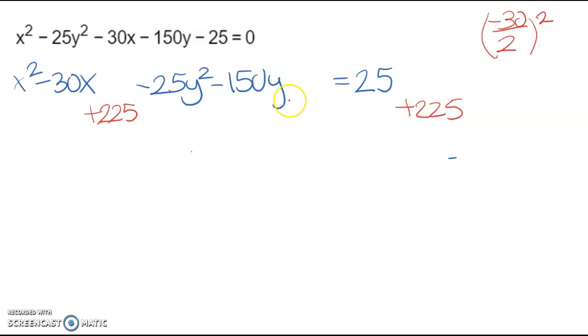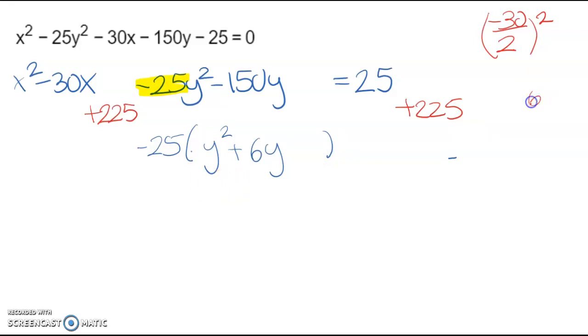Now for the y's, it's a little bit more complicated, right? Because of this negative 25 here, we have to factor out first. So this y portion is actually negative 25 times y squared plus 6y. Okay, and the square that we're trying to complete is now y squared plus 6y.